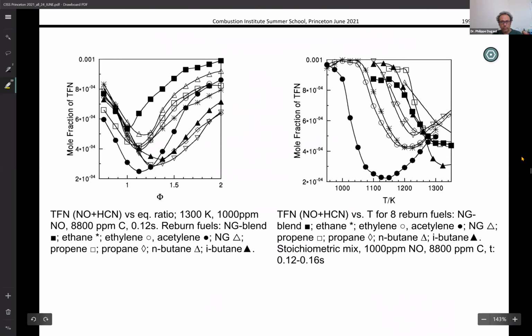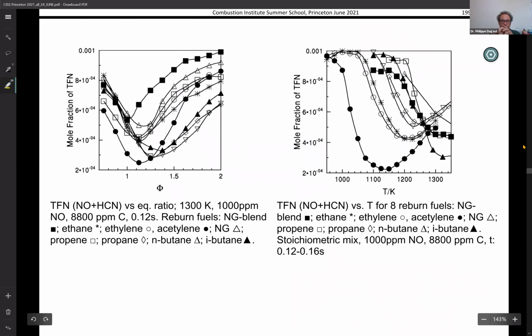So we investigated many fuels, and what we can see is that for most of them, the optimum is between phi equal 1 and phi equal 1.2.